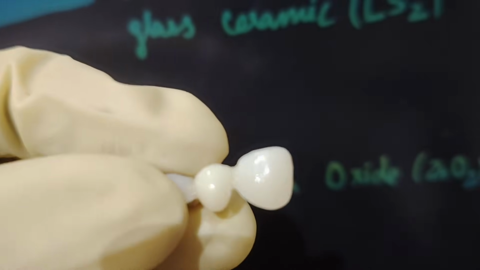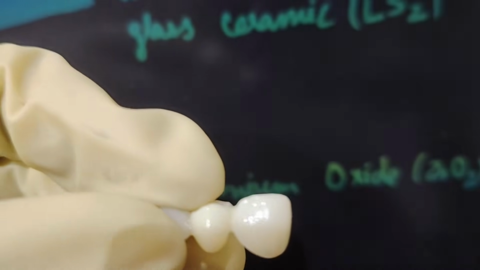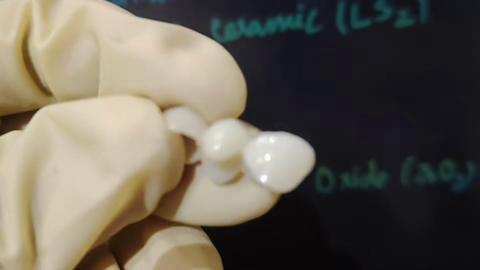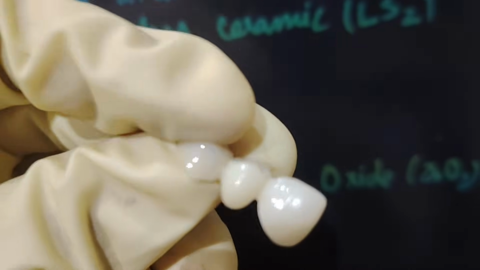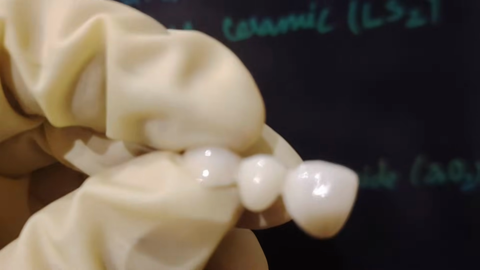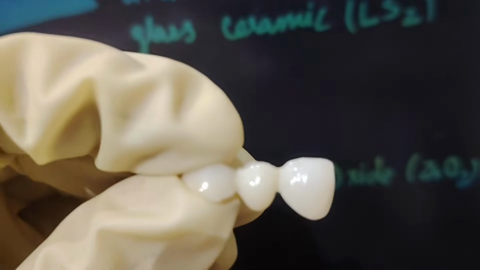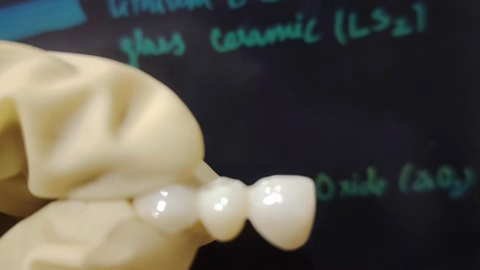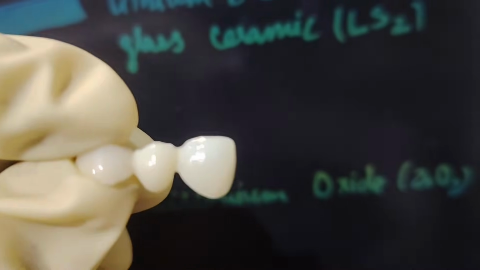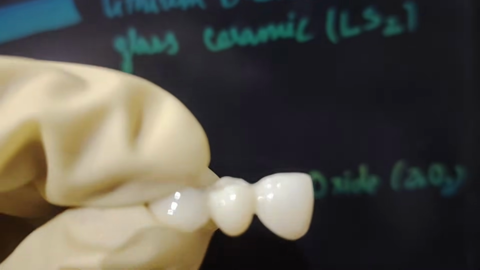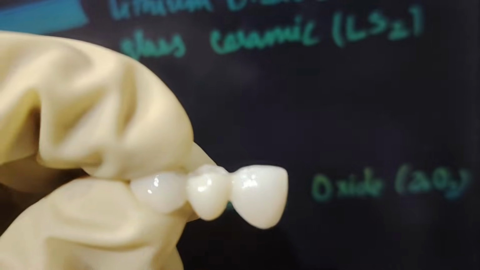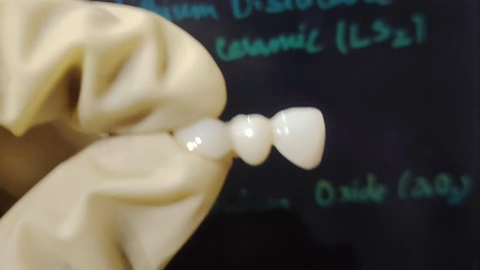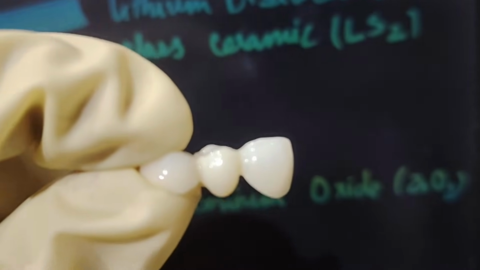It has a lot of shade options, is very lifelike, and can hold up to a lot of compressive strength. It can be used for long span bridges as well, anterior, posterior, anywhere. So this one is pretty strong and can be considered for a lot of cases.